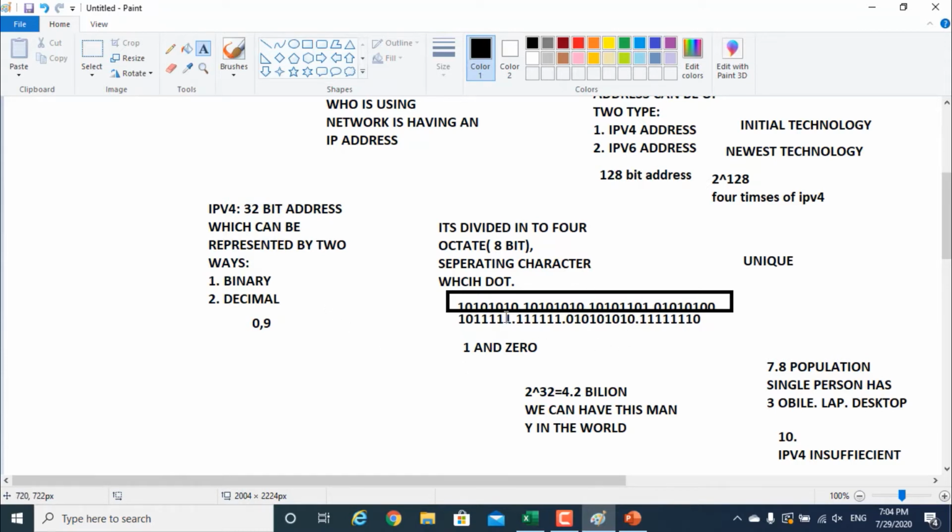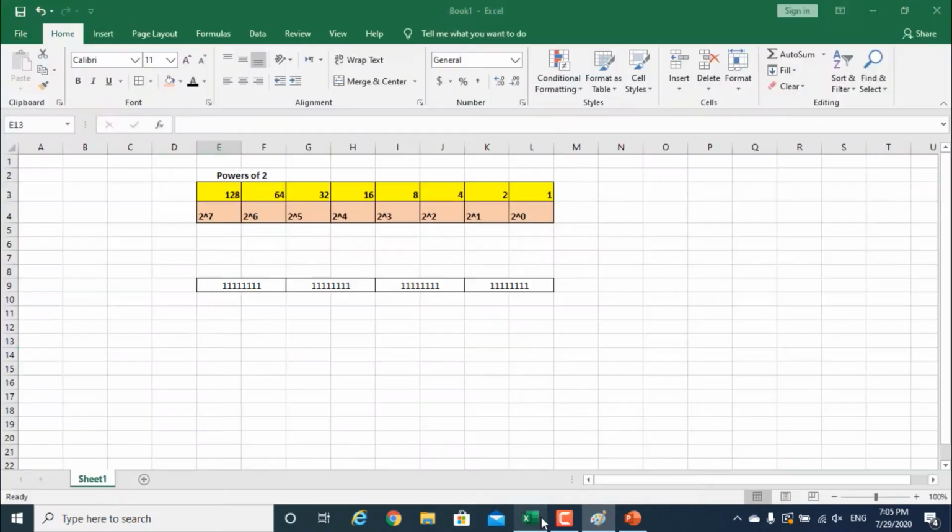So see guys, it is 8 bits, all of them separated. Each octet contains 8 bits, and they are all powers of 2. We already know that the powers of 2 start from 2 raised to 0, then 2 raised to 1, 2, 3, 4, 5 till 7, because we have only 8 bits, from 0 to 7. If you have knowledge of conversion between binary and decimal, you already know it from college.